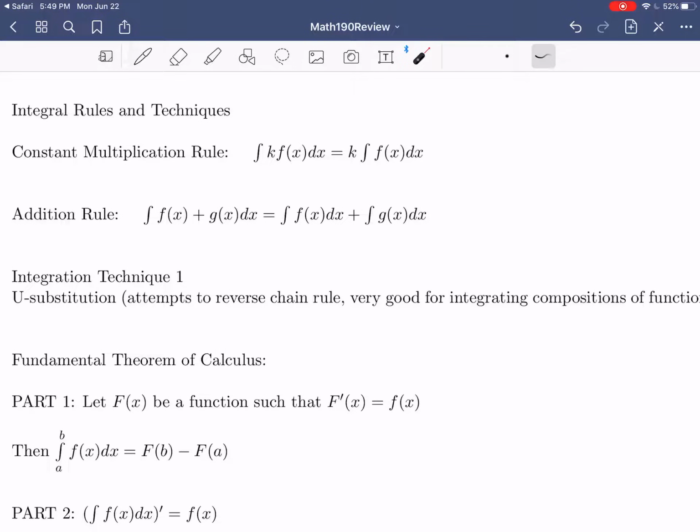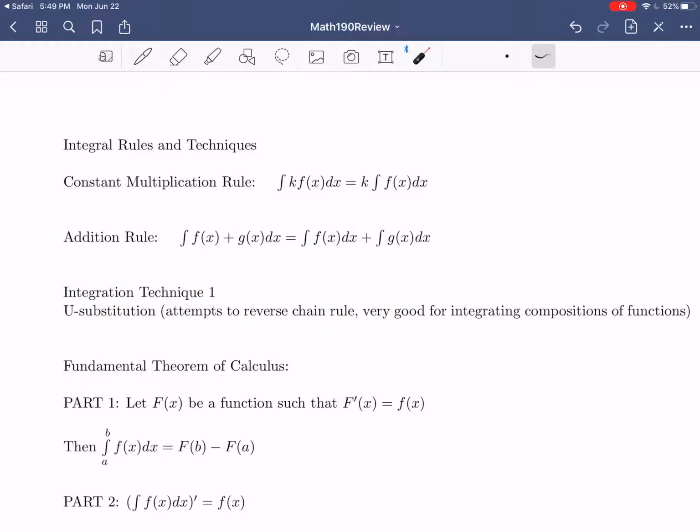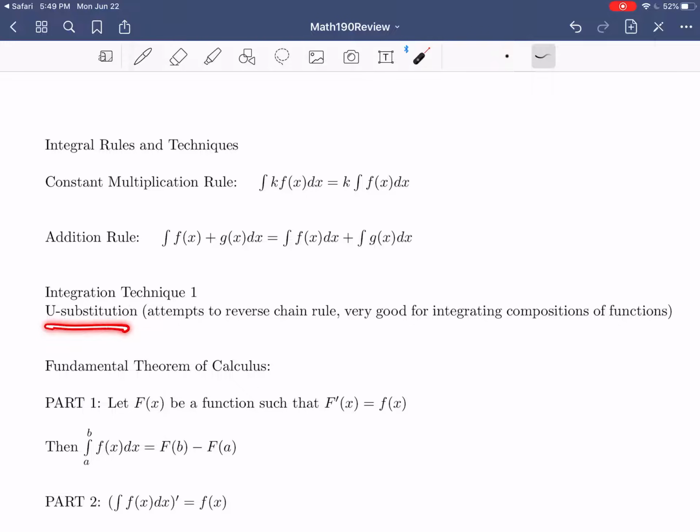You learned one integration technique at the end of 190. You should have encountered U-substitution. The theory behind U-substitution, we'll take a look at in an example or two in just a moment, but the theory is that it attempts to reverse the chain rule by changing the variable of integration. Generally, we use the letter U for that substitution. Because it attempts to reverse the chain rule, it is very good for integrating compositions of functions.